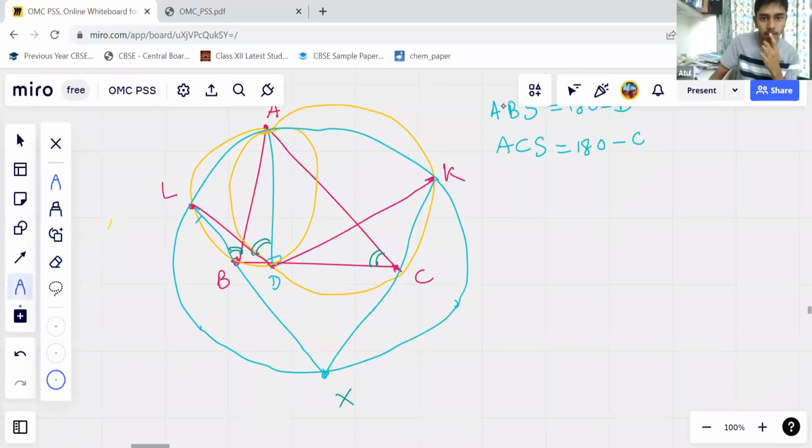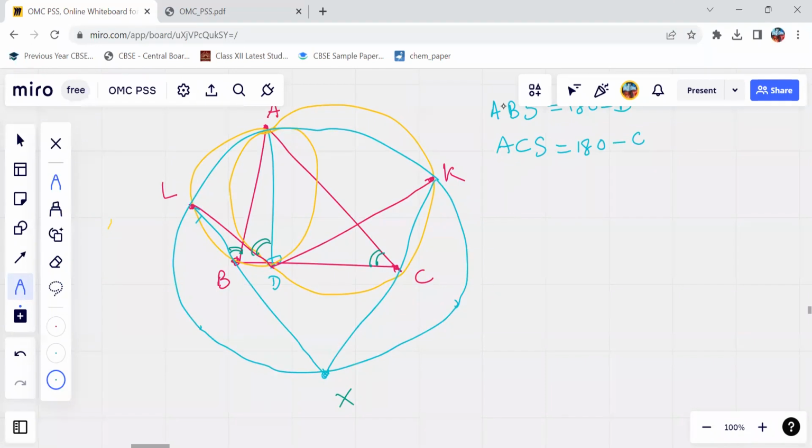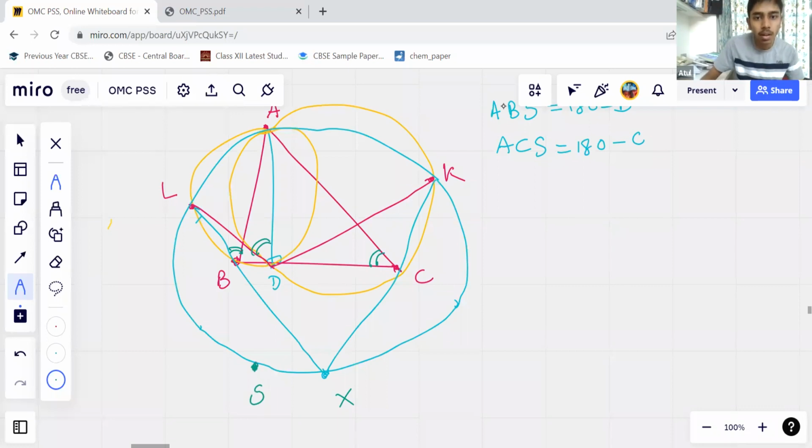Maybe let's call this X. I feel like maybe BCX stuff, like BCKL's Miquel point, it might be point S. So let's imagine its Miquel point is this. Then what do we know? We know that angle SBC equals angle SLQ.